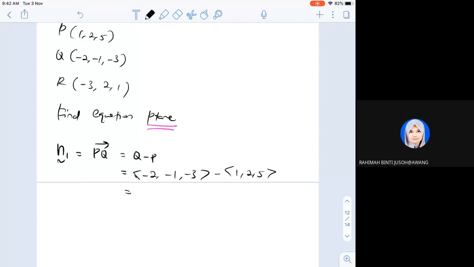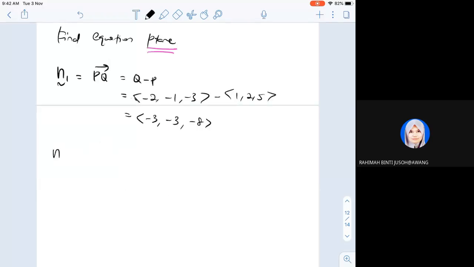Okay, so we will have -2 minus 1 is -3. -1 minus 2 also -3. And then -3 minus 5. We will get -8. Okay, that is the first normal vector.